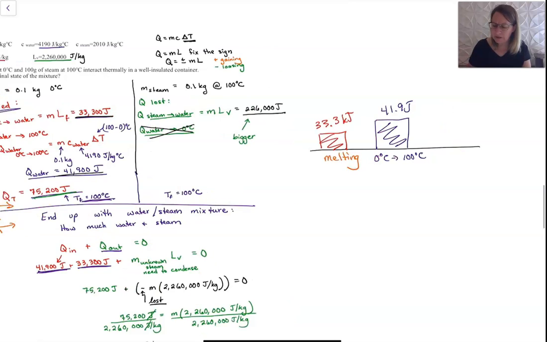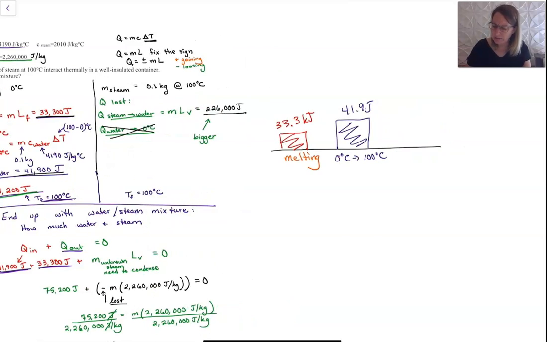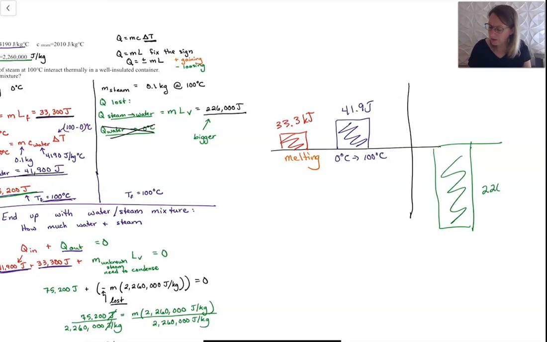That's heat that goes in, and then I can contrast that with the heat that's available, 226 kilojoules. We can look at how much of this we need to pull out of here.